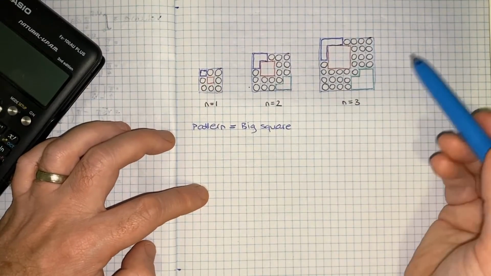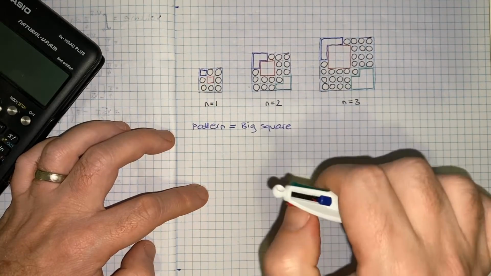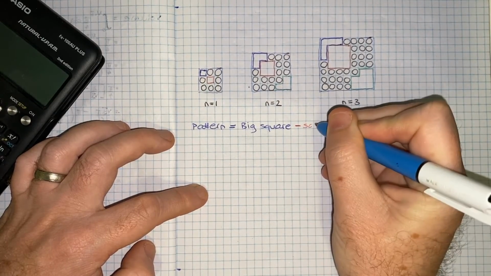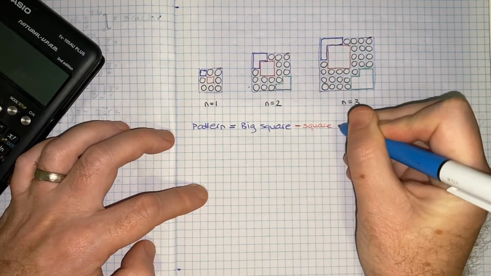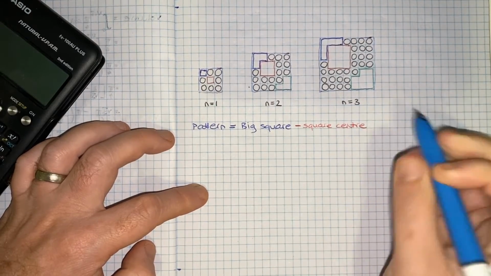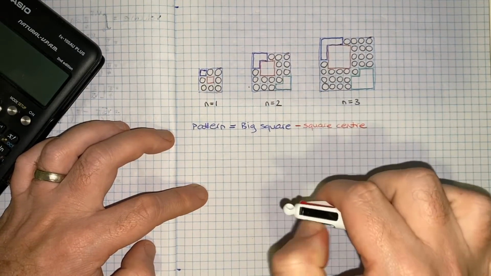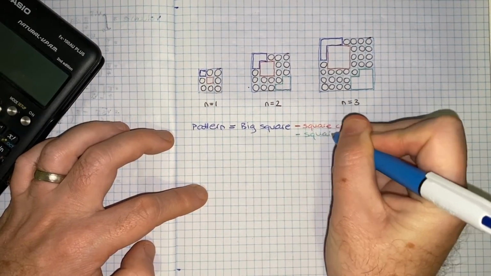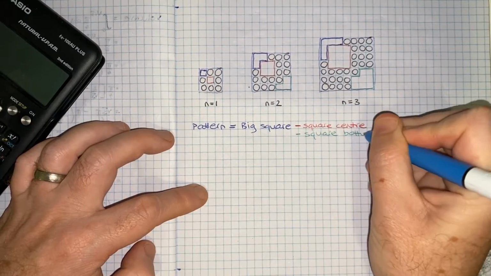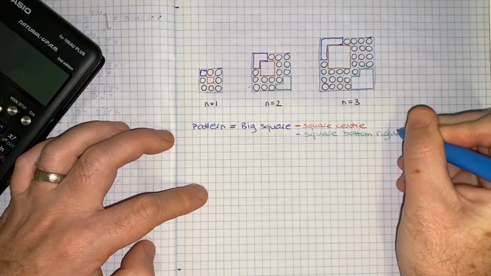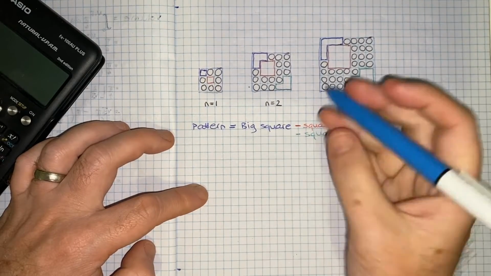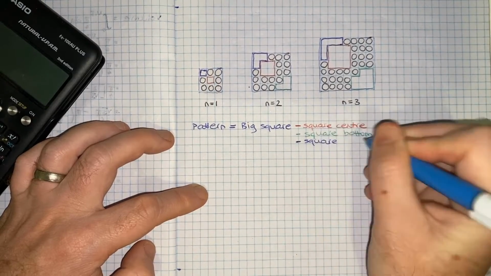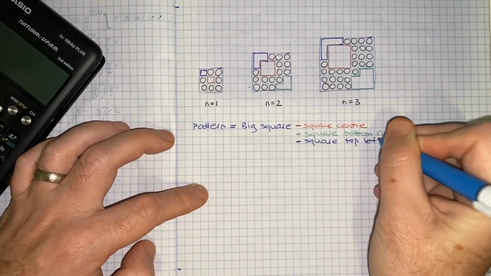And then we're going to subtract a whole bunch of things. So let's say we'll subtract the center square, which I've got here in red. I'll just call it the square in the center. And then next I'll subtract the one that I've got in green, which is minus the square at the bottom right. And then finally we subtract these top left ones, the square at the top left.